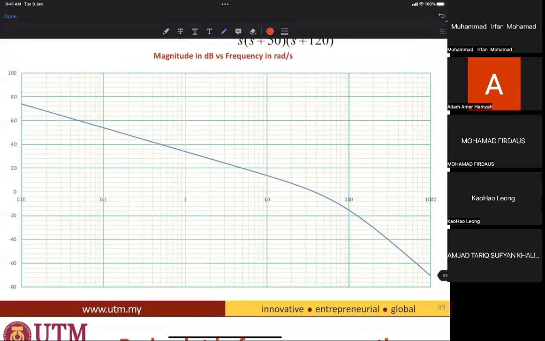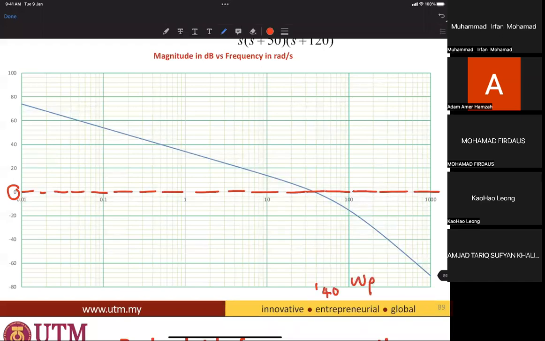Natra, can you find omega PM? Yes, Doctor. Omega PM is 40 radian per second.